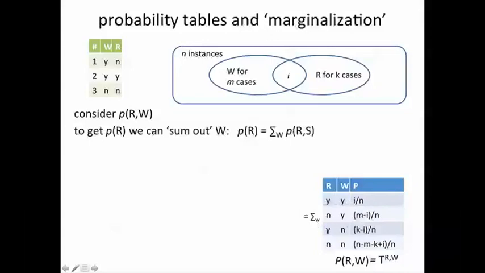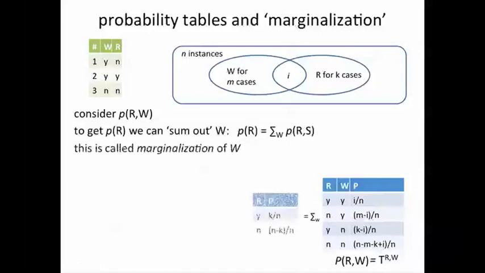So the first row and the third row get added together, the second row and the last row get added together, resulting in the following, which is clearly the sum of the first and the third and the second and the fourth, which is also called the marginalization of the W column.